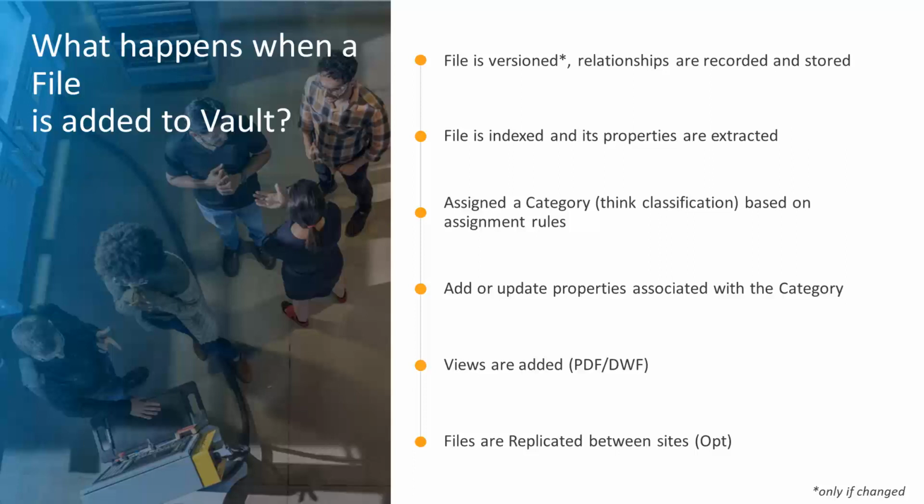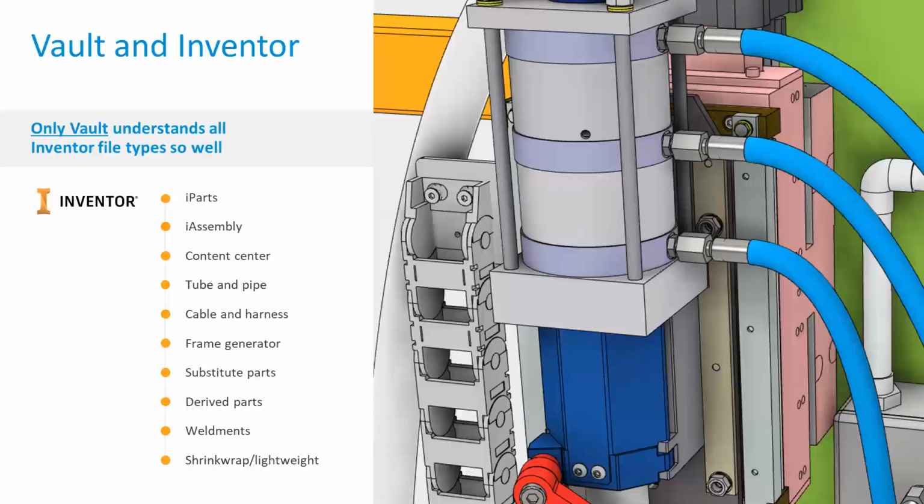Views, whether it's PDF or DWF, this is the step needed to enable others to view the file in 3D or 2D. And in a multi-site setup, files are now in a queue to be replicated and balanced between sites.